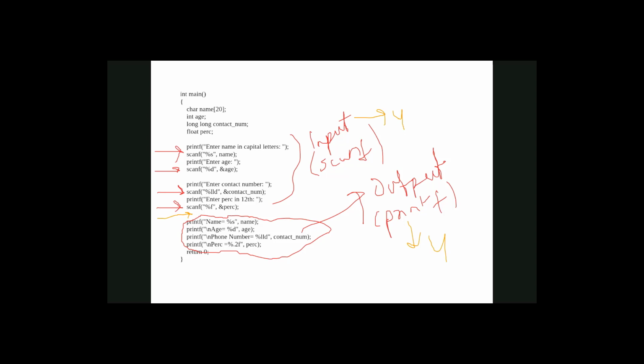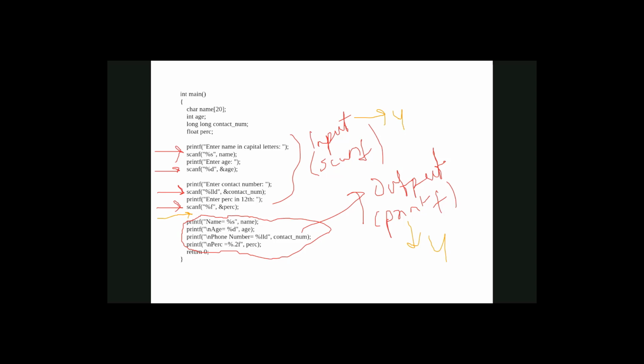So I am having 4 scanf. It means I have to give 4 inputs. Now how will the user come to know that he has to give input? Something is printed on our computer screen, then only we can give some input.